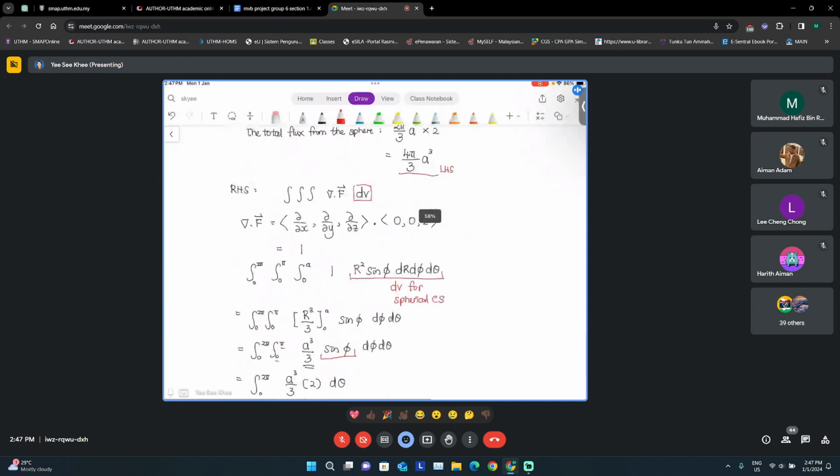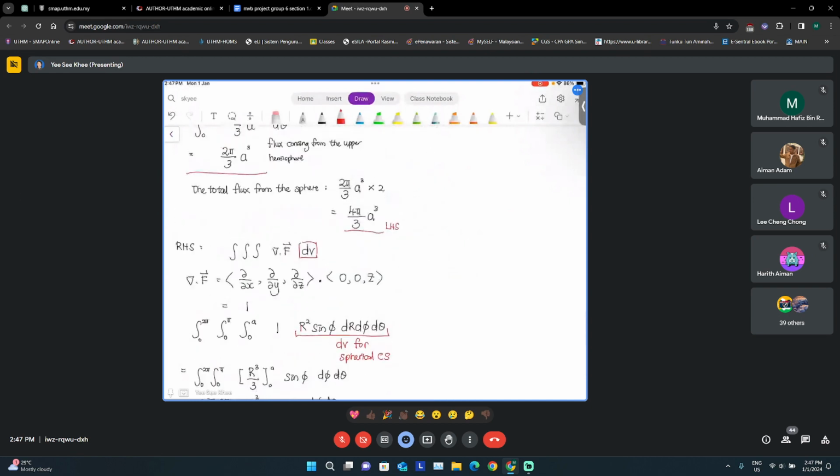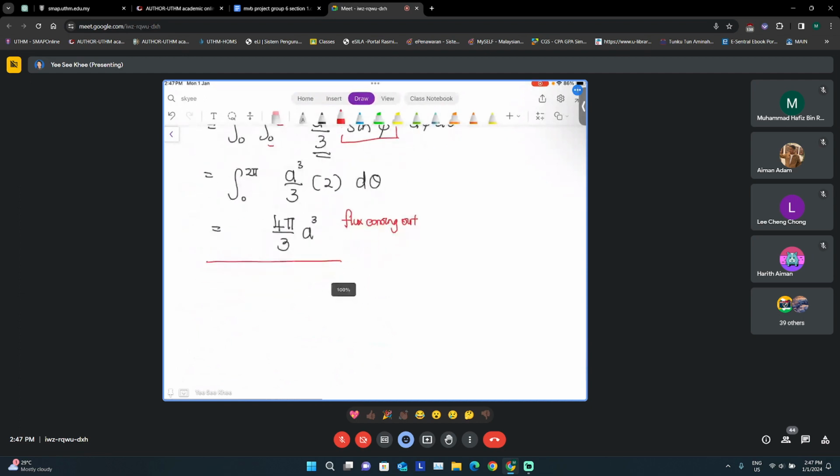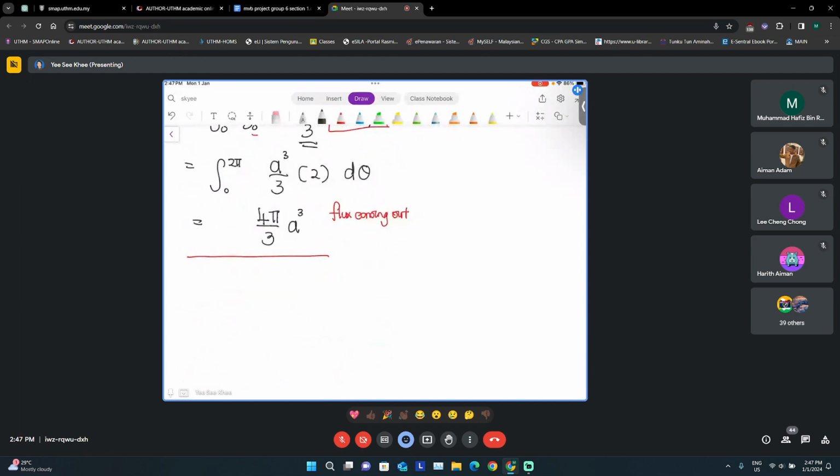Both are the same. So from here you can say that the divergence theorem is verified. Just make a conclusion saying that it's verified.